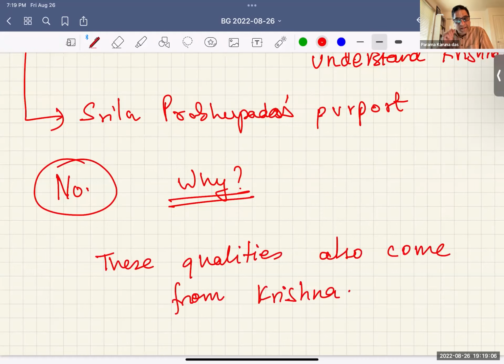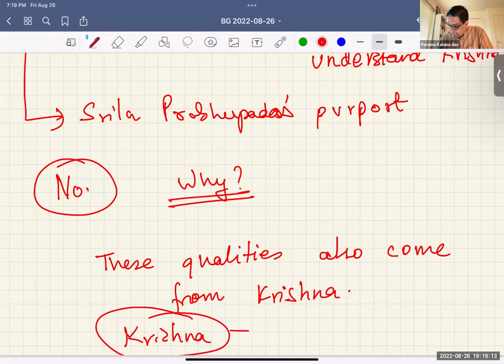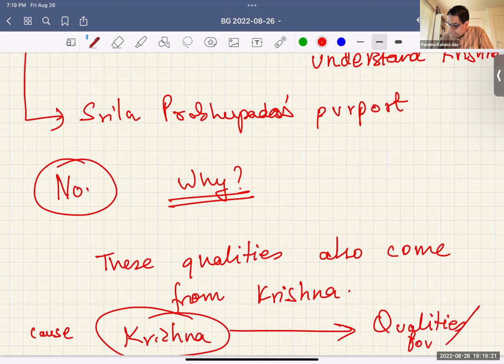Just like the previous answer, Krishna is the source or the cause, and these qualities or these powers are the effect.